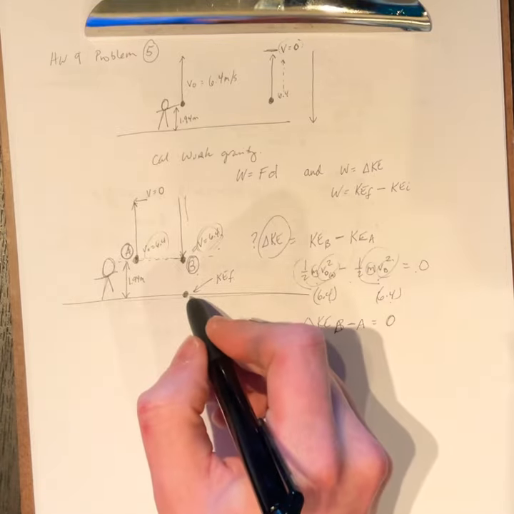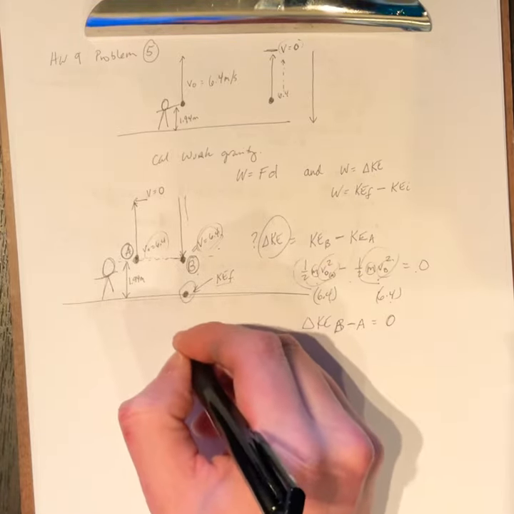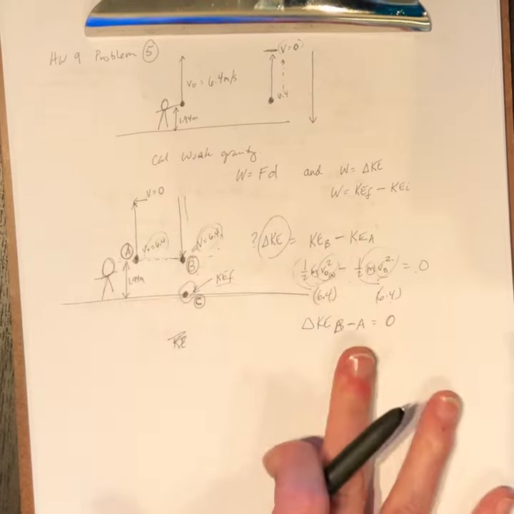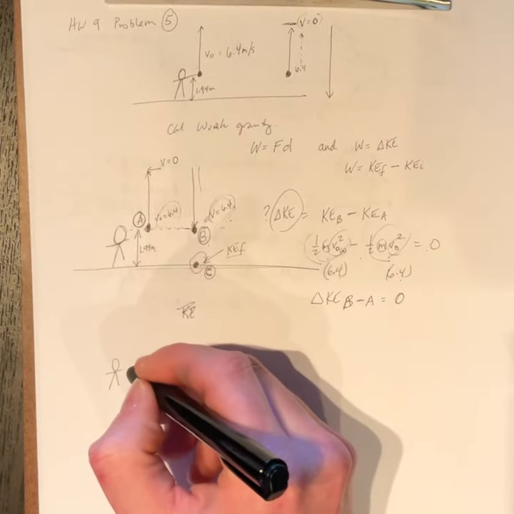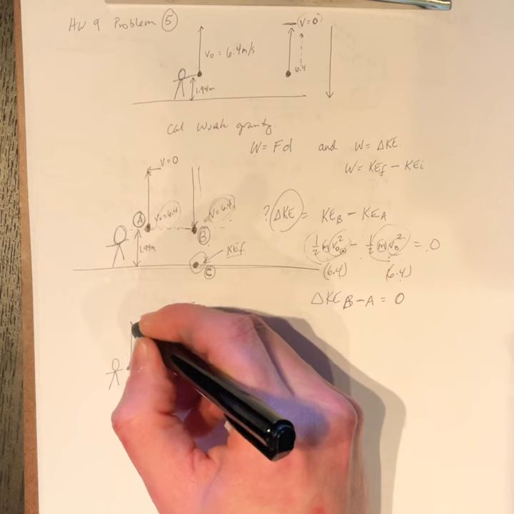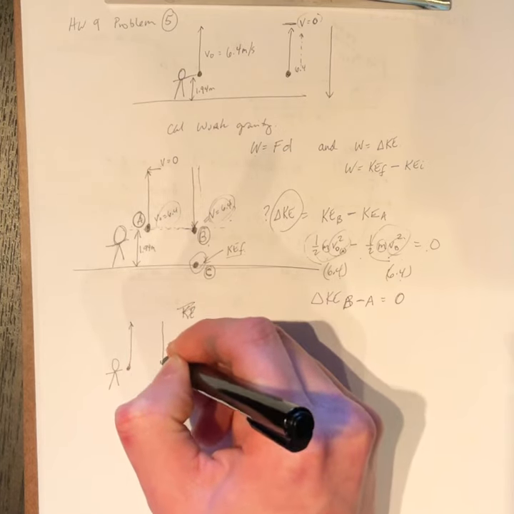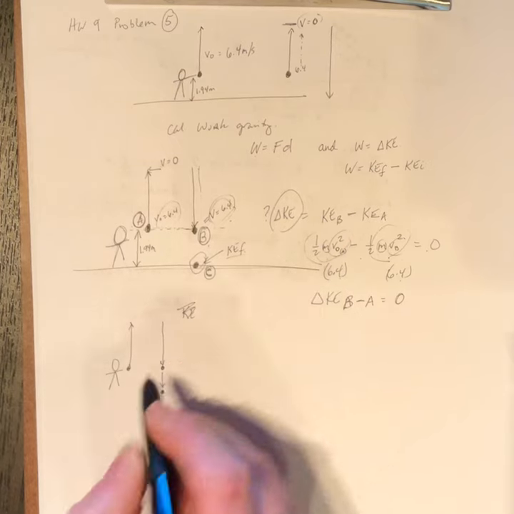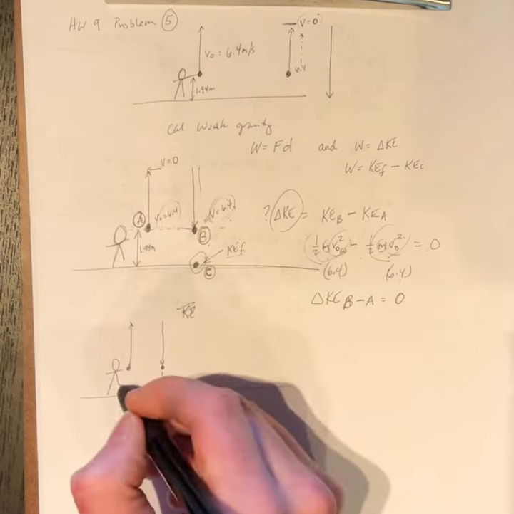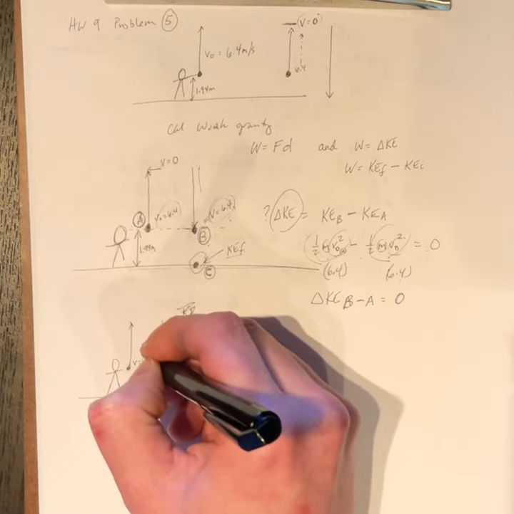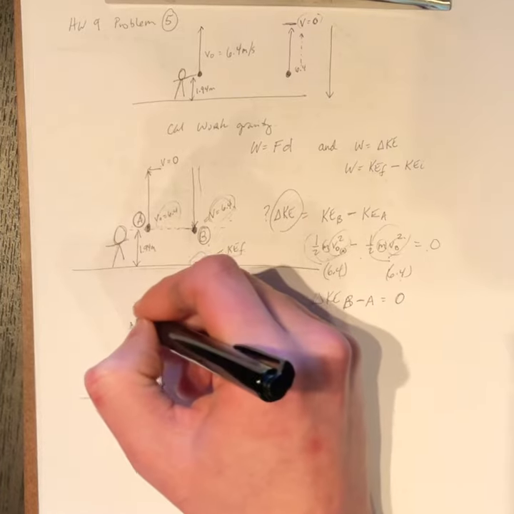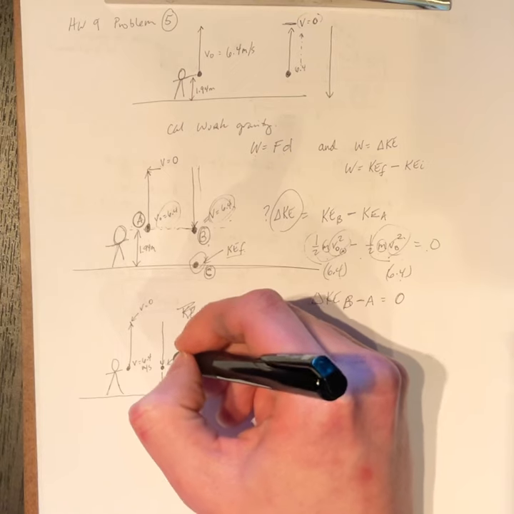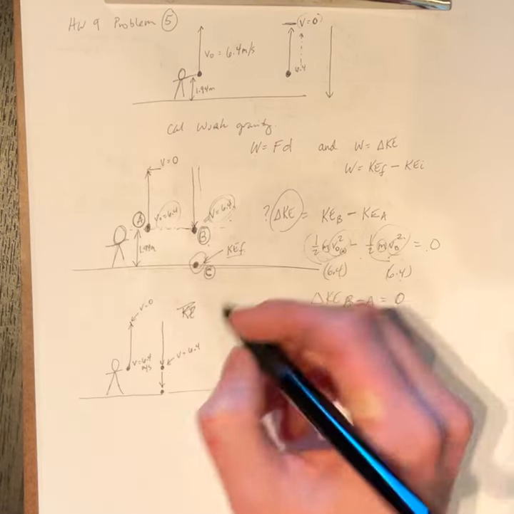So we're going to call this C. And just so I can keep myself straight, I'm going to redraw it. So we have a person who threw a ball up, and then that ball came back down, and then it continued until it hit the floor. It had an initial velocity of 6.4 meters per second. At this point here, the velocity is equal to 0. At this point here, the velocity should equal 6.4 again.